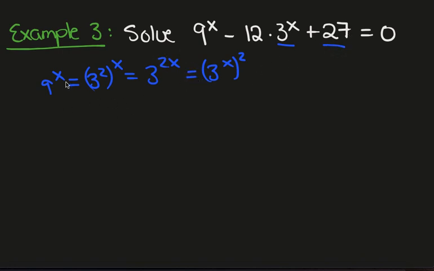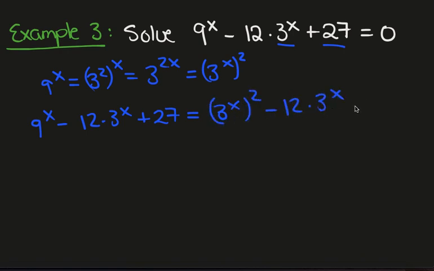Now, if I've just done this, what I'll find is that 9 to the x minus 12 times 3 to the x plus 27, that's now equal to 3 to the x squared minus 12 times 3 to the x plus 27.